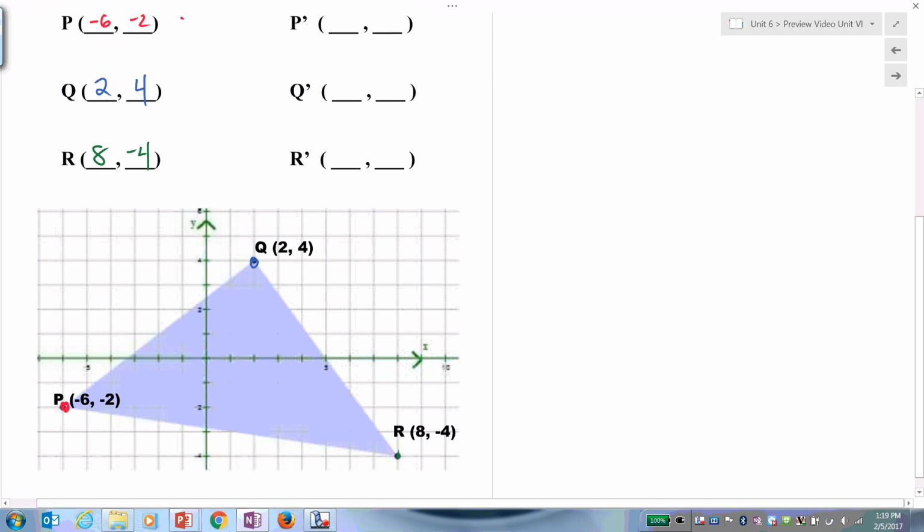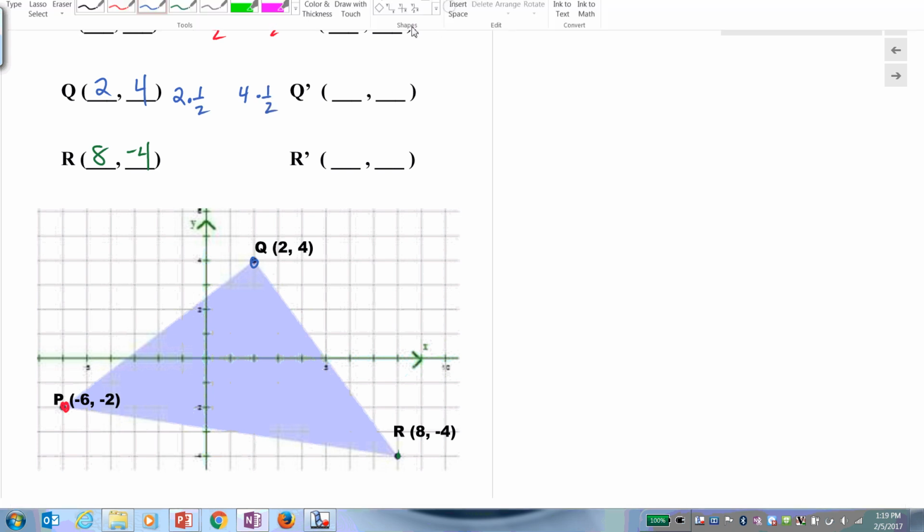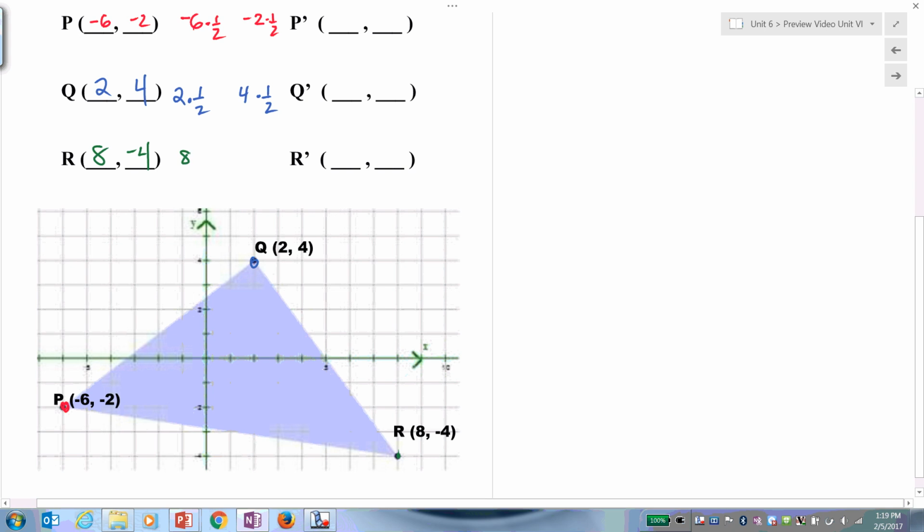So I have -6, -2, times 1/2 for both. And then here I have 2 and 4 times 1/2 for both. And then I have 8 and -4 times 1/2 for both.